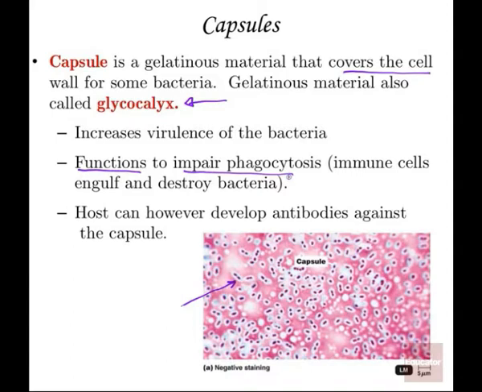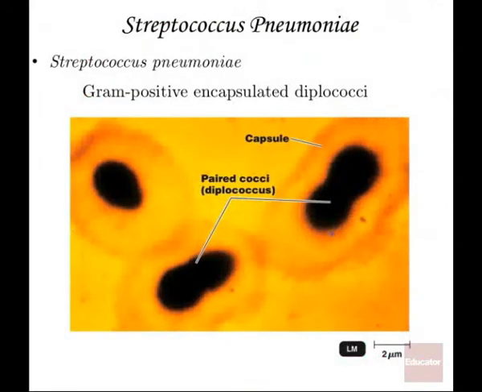But on the other side of the story, the host can develop antibodies against the capsule itself. Then the immune system can recognize the capsule as being a disease agent, or even develop antibodies against the shape of the capsule. So here's another picture of the Streptococcus pneumoniae.